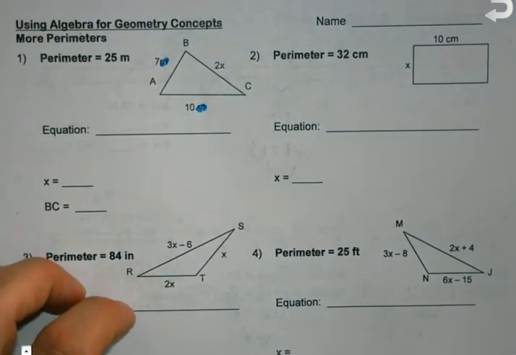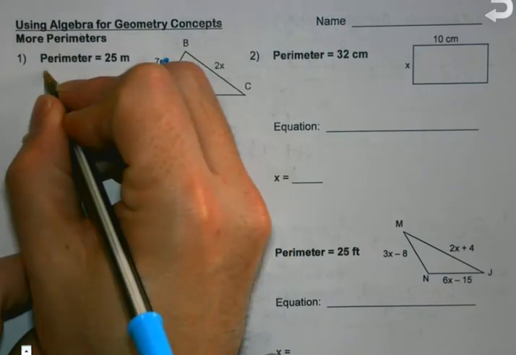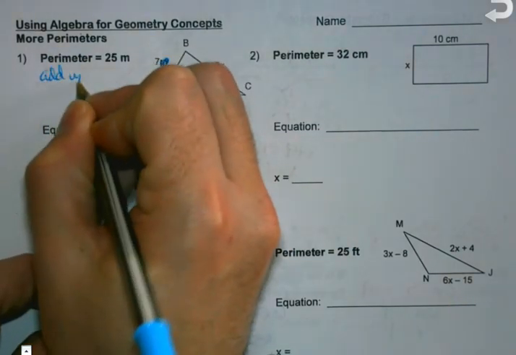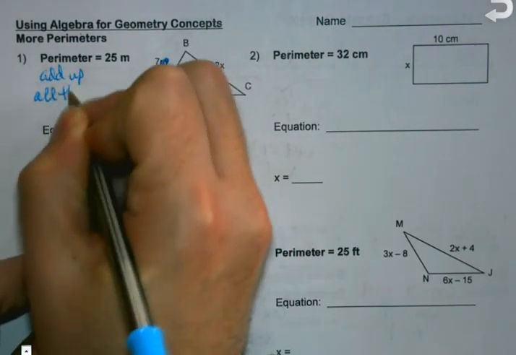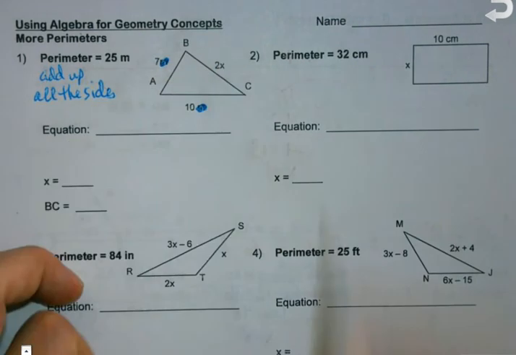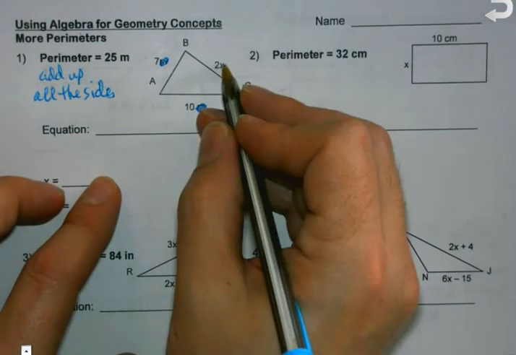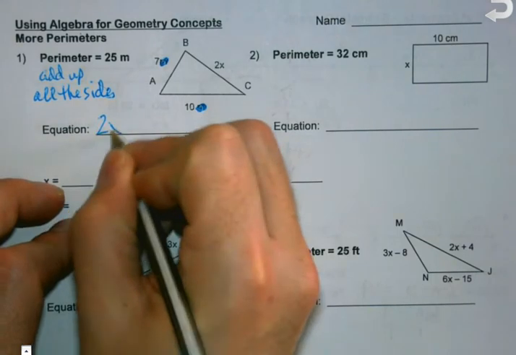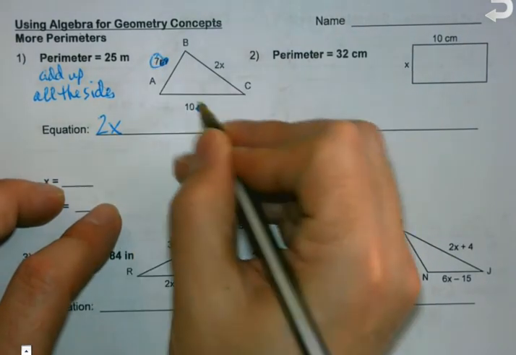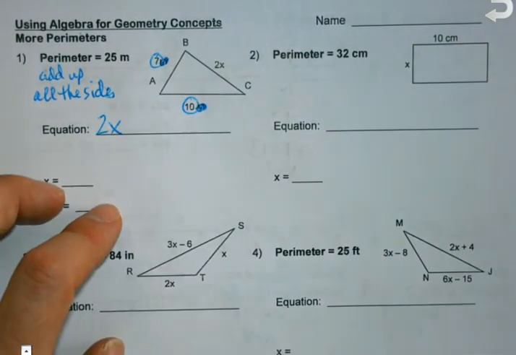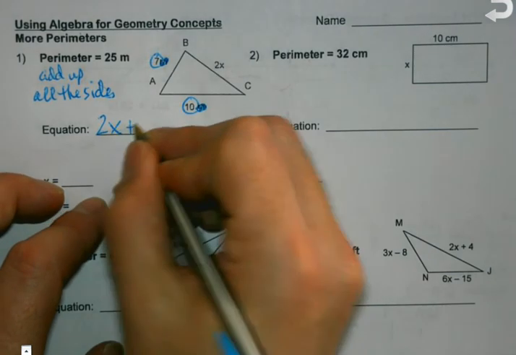So like if this one we're doing perimeter, remember, just add up all the sides. So here, I'm like, okay, I only have one term that has X, so I'm going to write my 2X. Now that we're rid of the M dilemma here, 7 and 10 is 17.